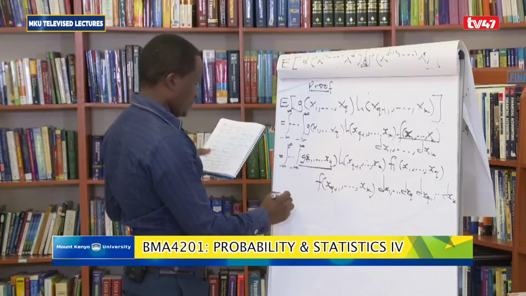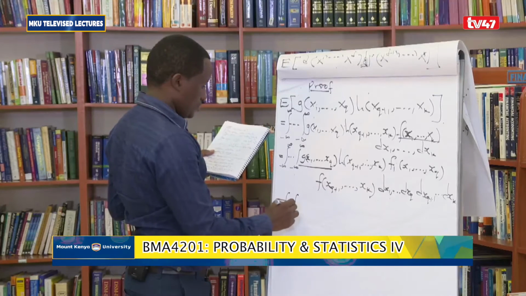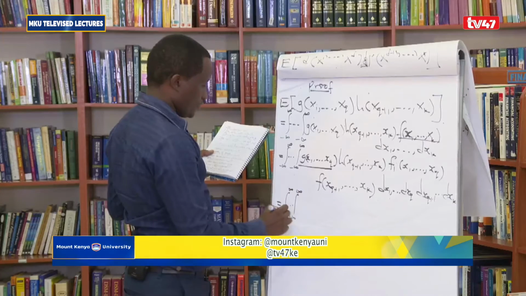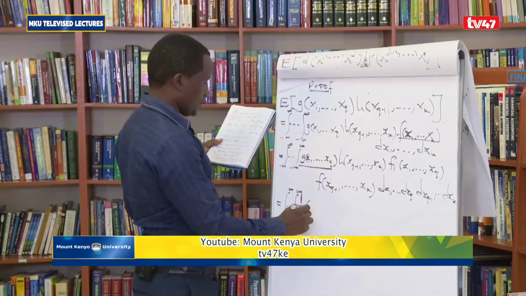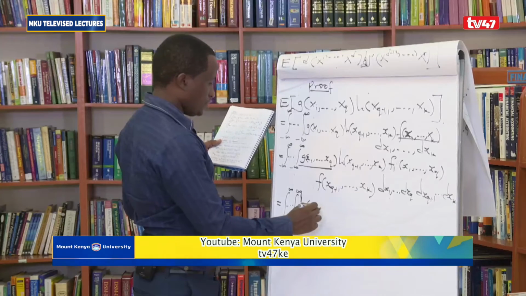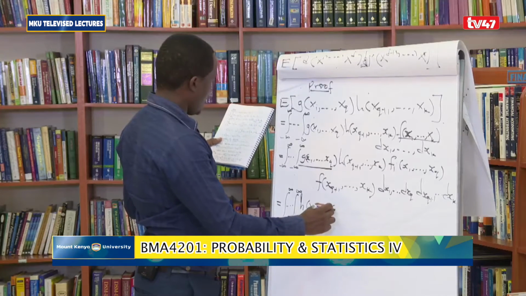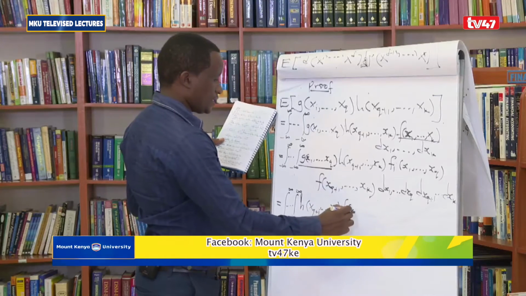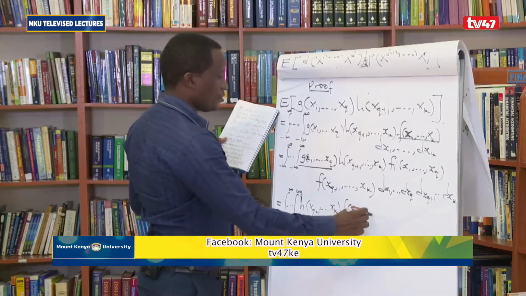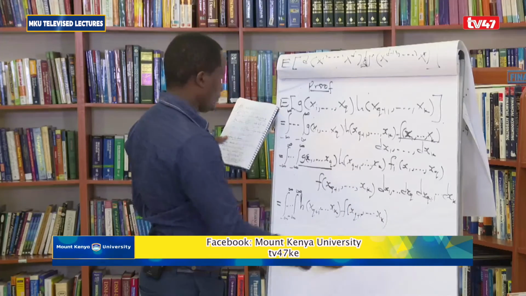So this will be the same as integral negative infinity to infinity in both cases. Then we have h xq plus 1 all the way to xk. Then f of xq plus 1 all the way to xk.